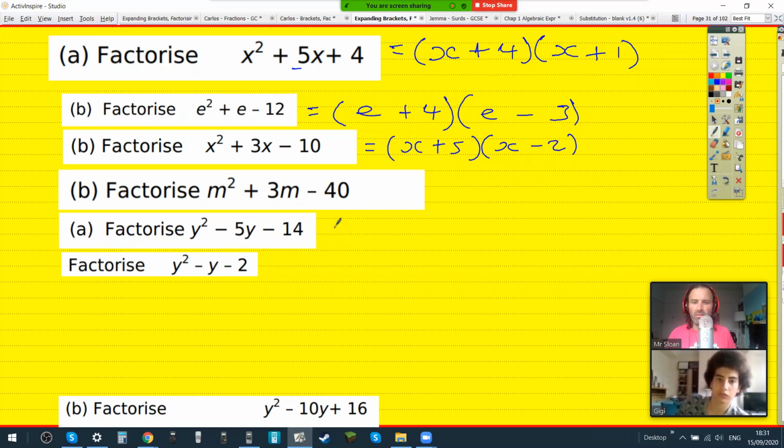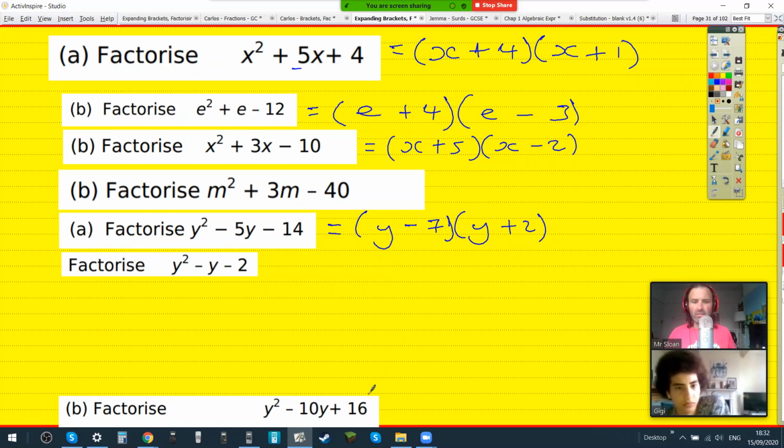Okay, let's skip that one. Let's try this one. 2 minuses. Right. Minus 7 and 2. And so minus 7 and plus 2. And have a very last one down the bottom.